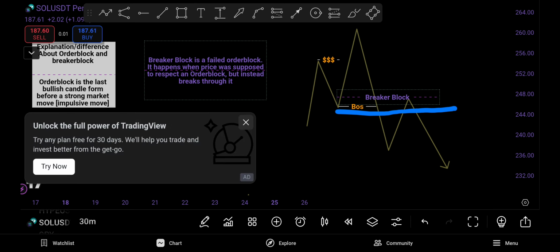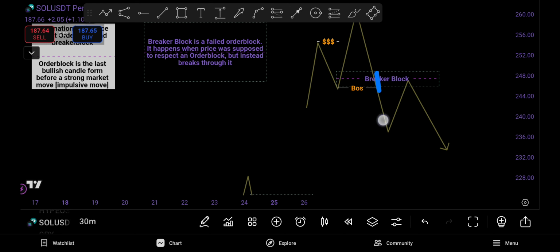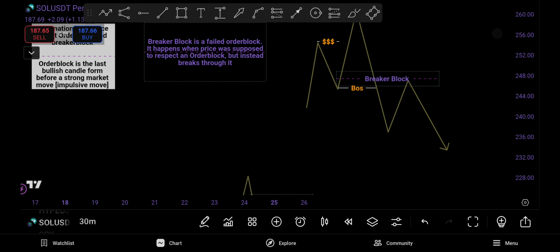Instead of price rejecting from that place and going back up, price breaks down. So it breaks our order block. Now that same zone becomes the breaker block. This same order block zone that was there before becomes our breaker block.